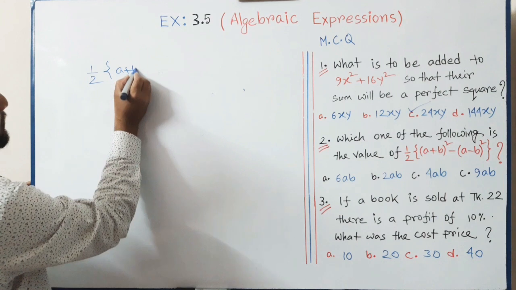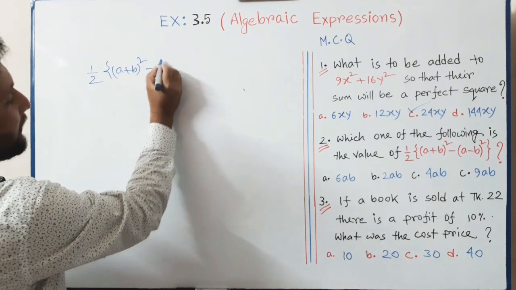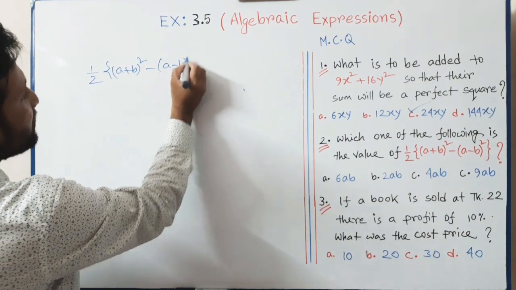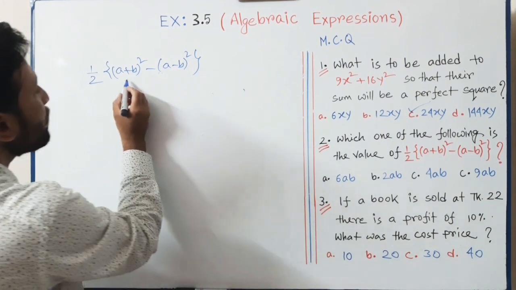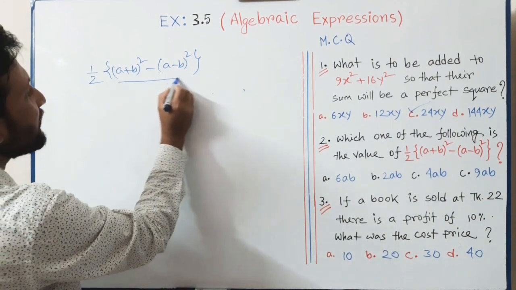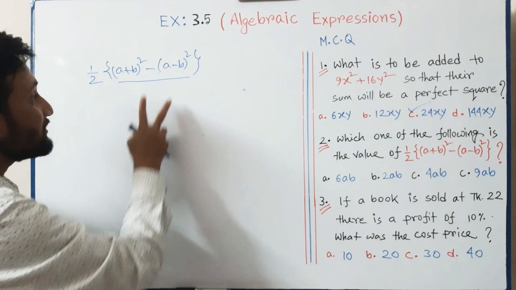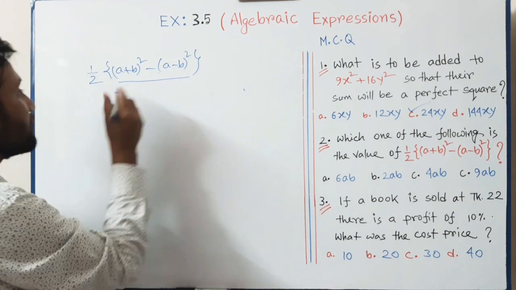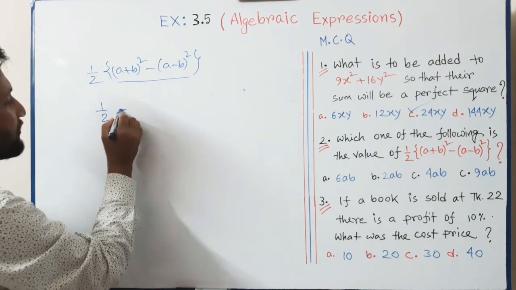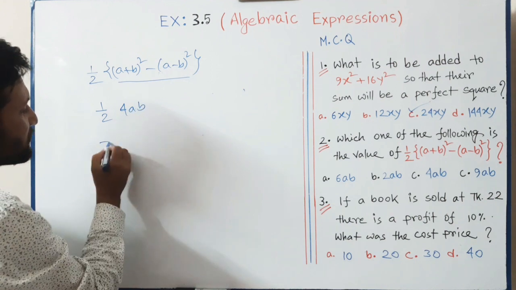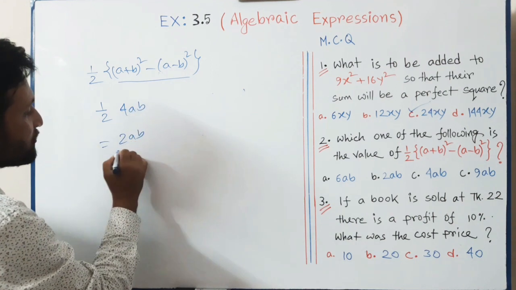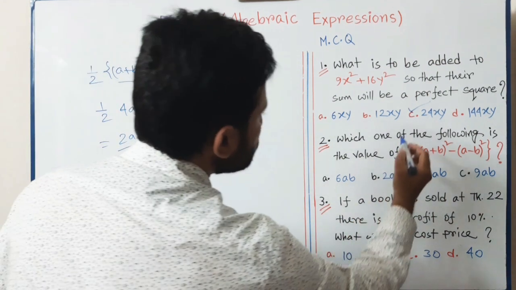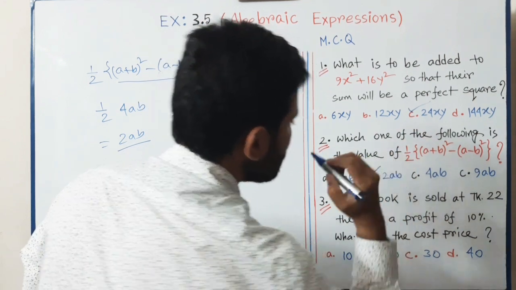We know the formula of 4ab is this: (a plus b) square minus (a minus b) square. So half of 4ab is only 2ab. So our required solution is 2ab.